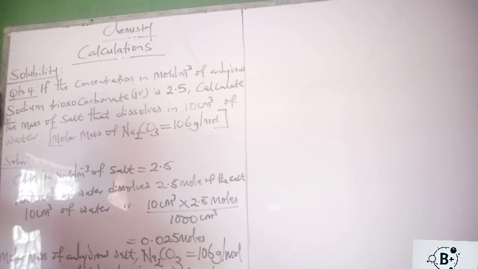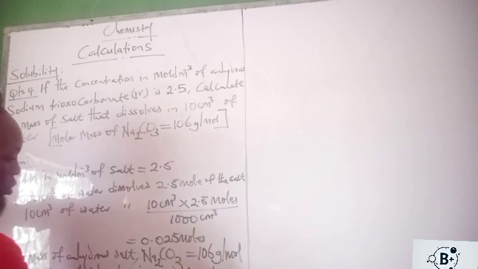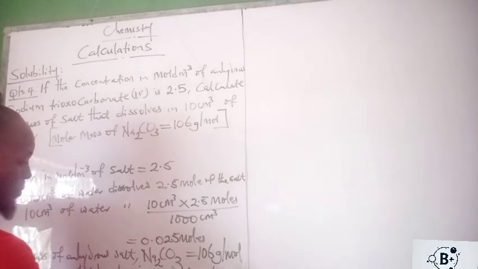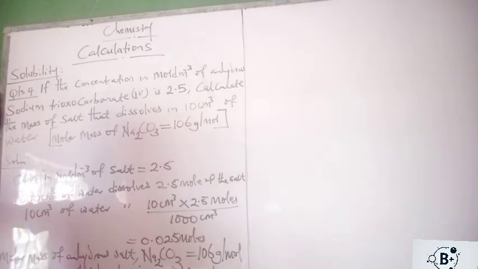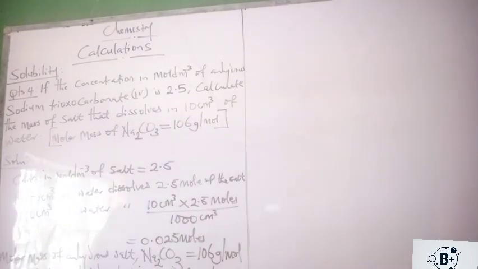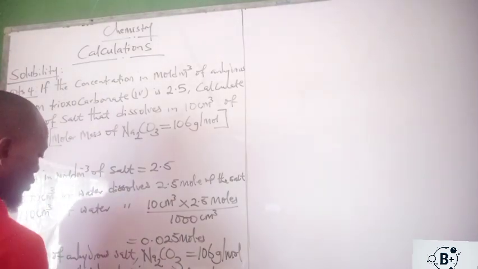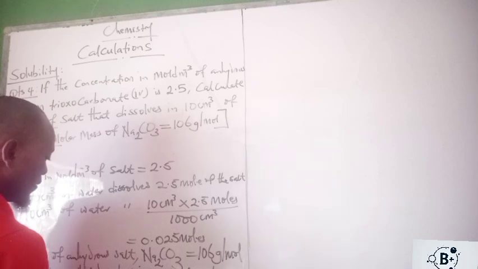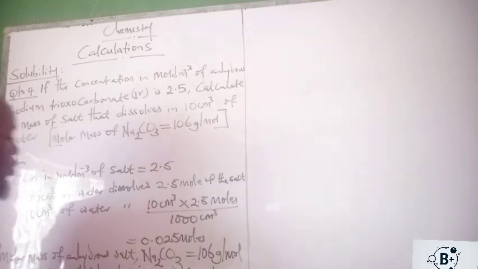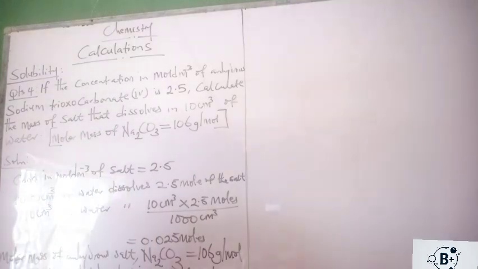So it becomes 0.025 moles times the molar mass, which is 106 gram per mole. If we use a calculator, that will give us 2.65 gram. So this is the answer.